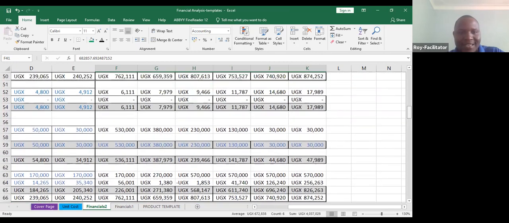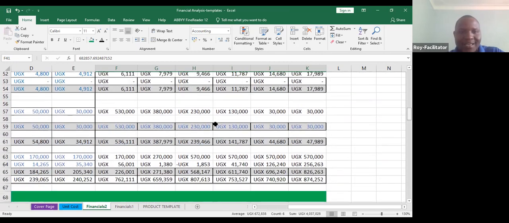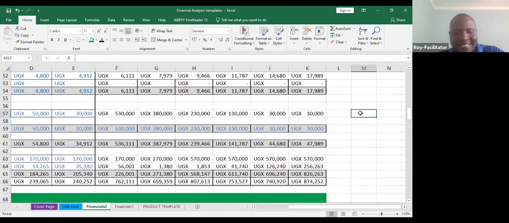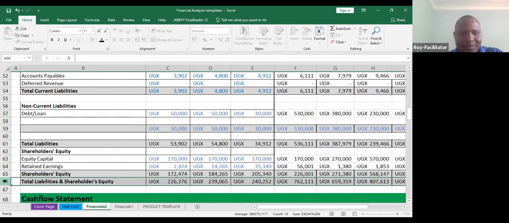Let's just see. As you can see, for the balance sheet, we always say the equation is assets is equals to liabilities plus shareholders' equity. So as you can see, these two have to balance. This one, 66, and this one.